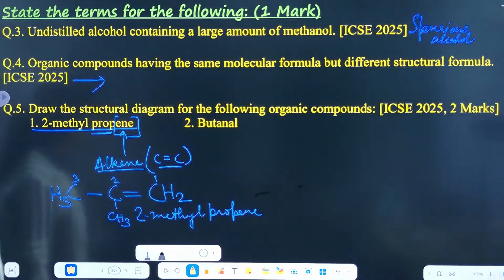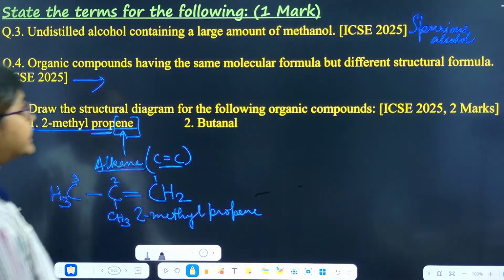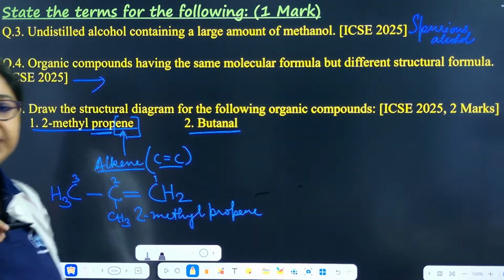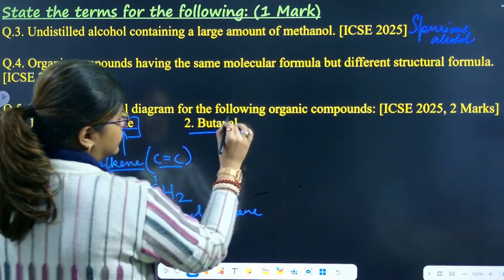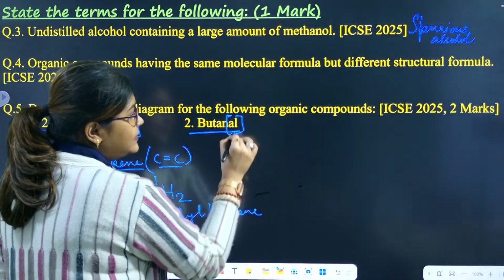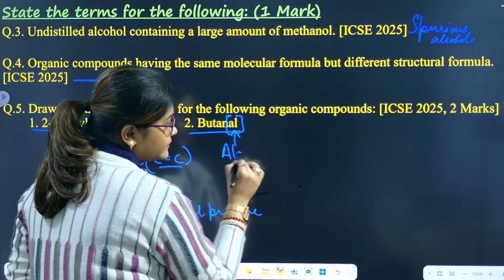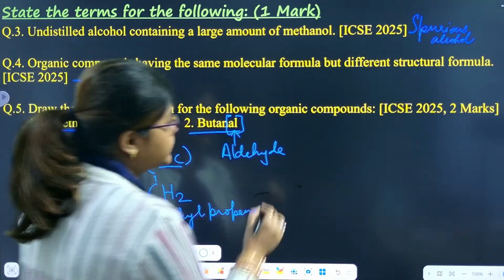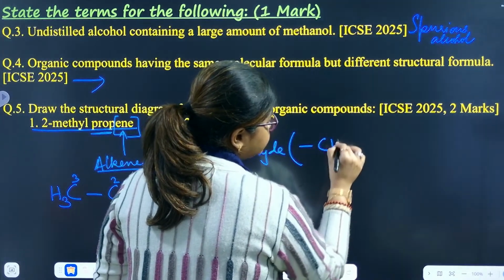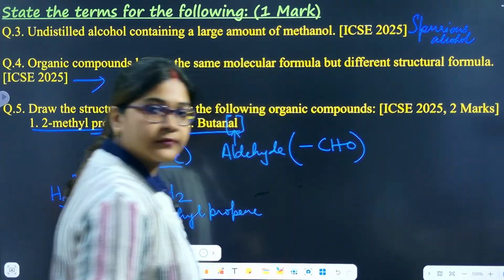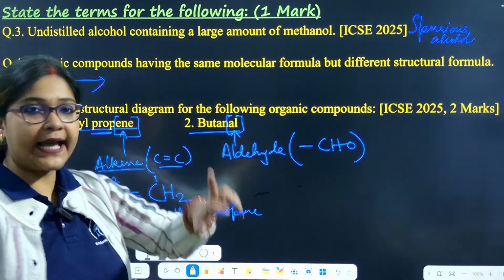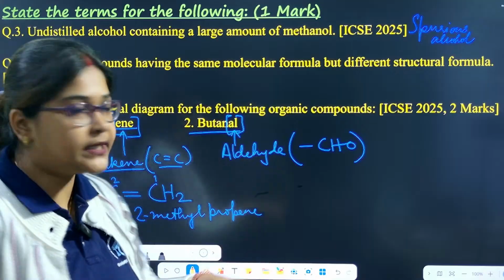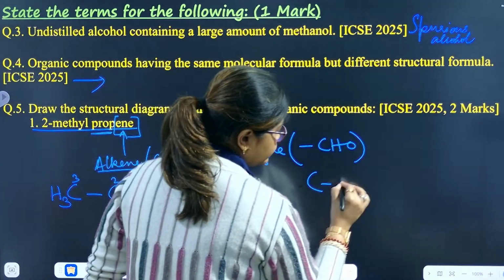propene. Okay? The next one, butanal. Al means aldehyde. What is the functional group? Butanal. But means how many carbon atoms? 4.